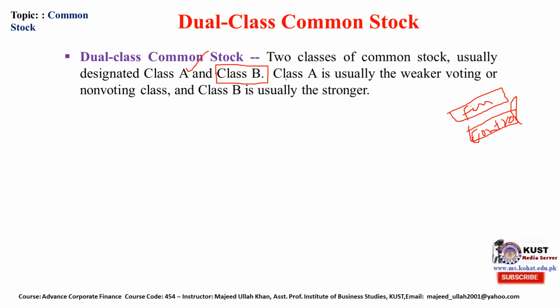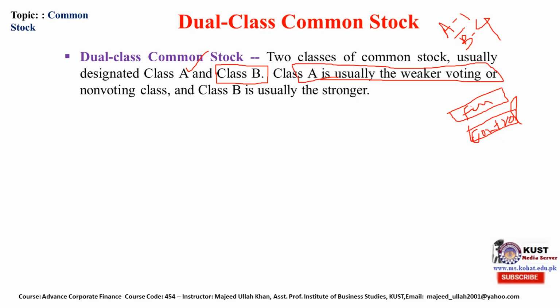Class A is usually the weaker voting class. They have less voting rights. Sometimes it is so that A, let's suppose, has one vote, and B class has, let's suppose, four votes.